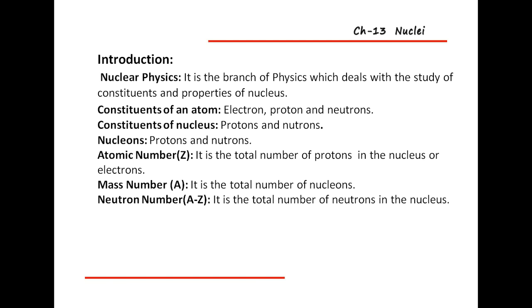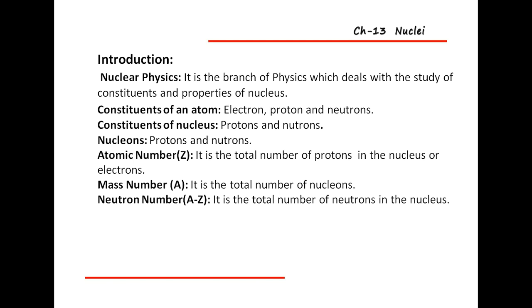The atom is made of electrons, protons and neutrons. Then what is meant by the constituents of nucleus? Constituents of nucleus are the protons and neutrons. Protons and neutrons together are known as constituents of nucleus. And what is meant by nucleons?